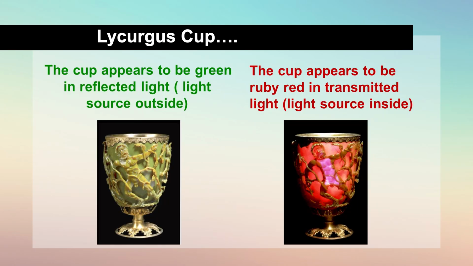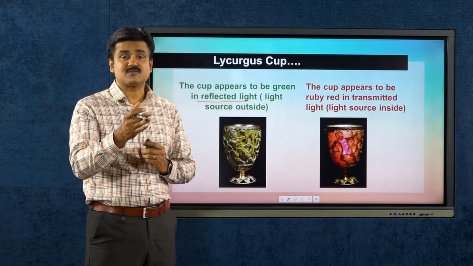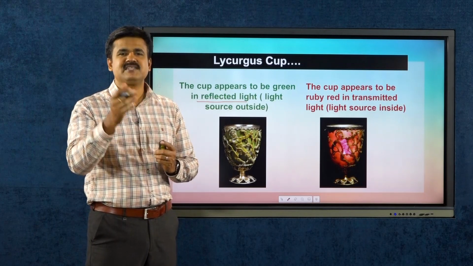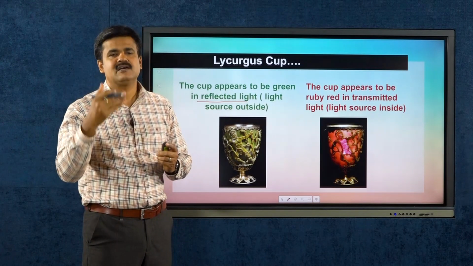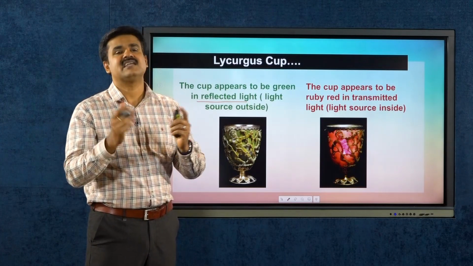However, whenever we place the light inside the cup, the light will be transmitted. So, the transmitted color is different. The transmitted color is ruby red. Transmitted color means the light source is placed inside the cup. So, transmitted light color is ruby red and reflected light color is green.